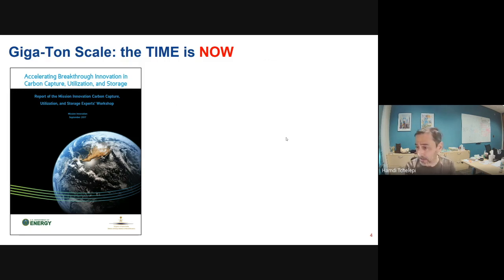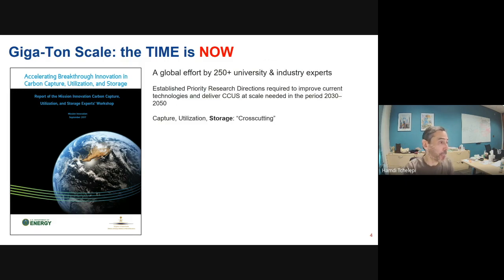CO2 sequestration is expected to occupy a significant fraction of the total amount that we have to put away in order to meet the degree targets.